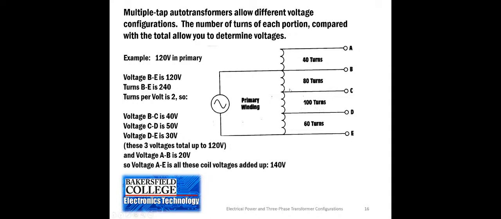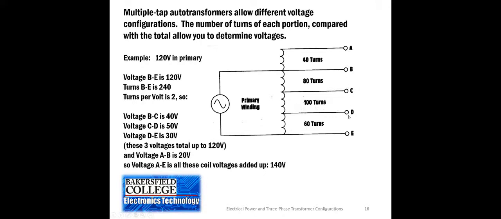Now, a multiple tap really shows you the difference between the number of turns and how we determine the voltage across it. Let's say that between D and E, there's 60 turns. Between C and E, it's now 160.